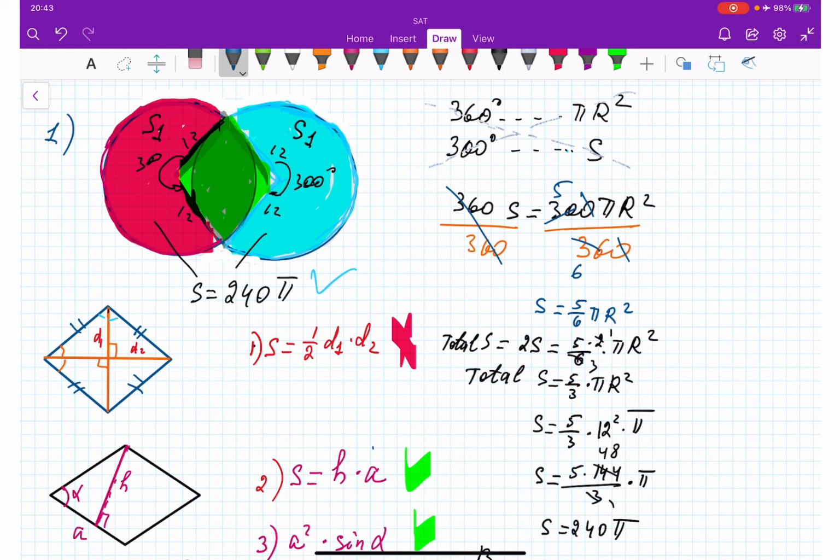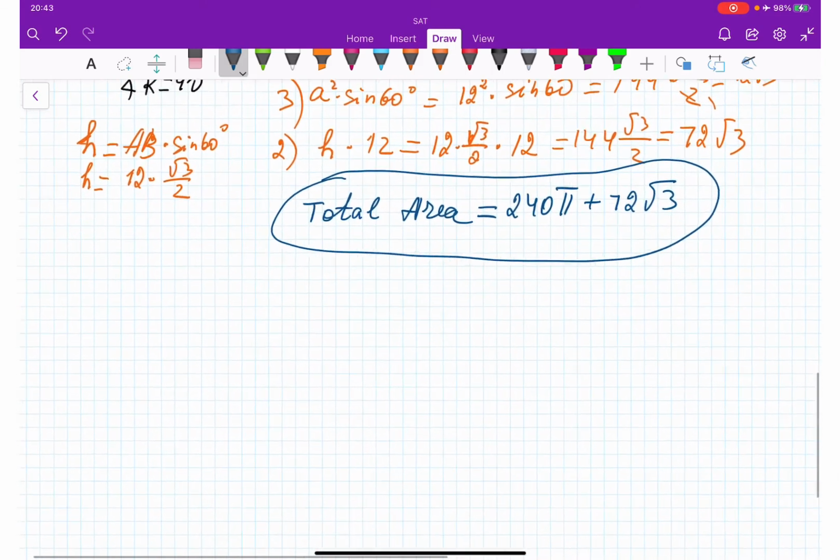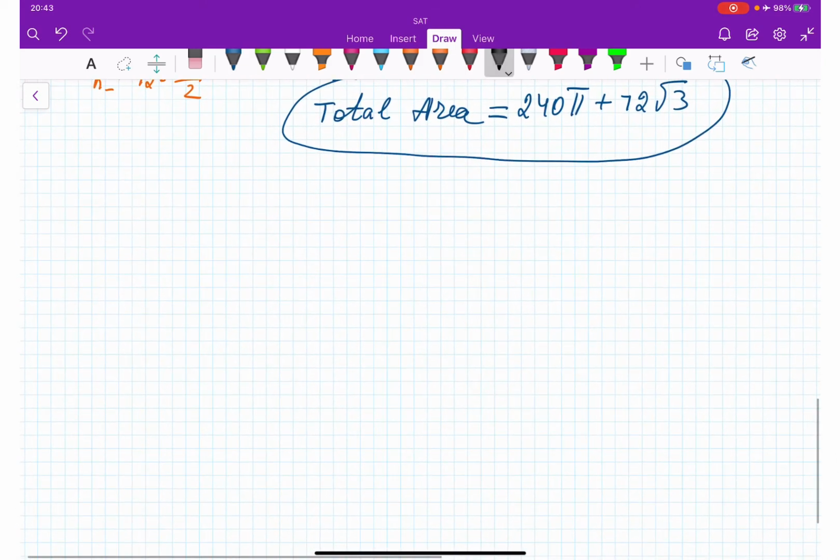Okay, question number 2. What do we have? We are given 7 to the power 3x plus 2. In terms of n, how do we express this expression, given that 7 to the power x is equal to n?